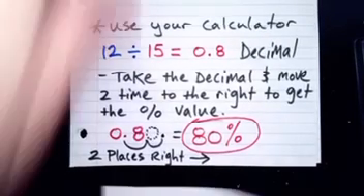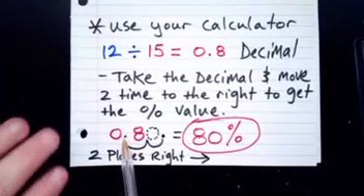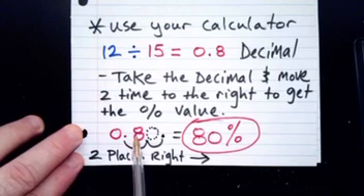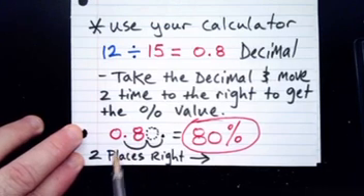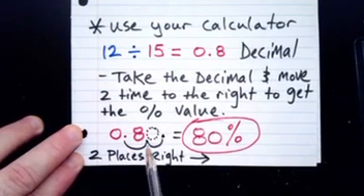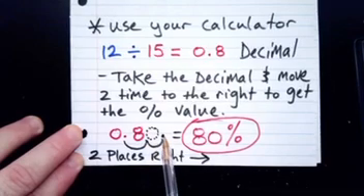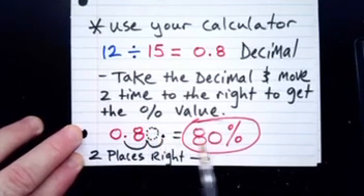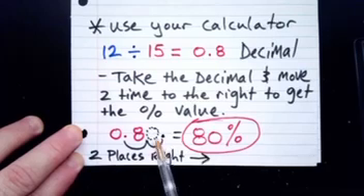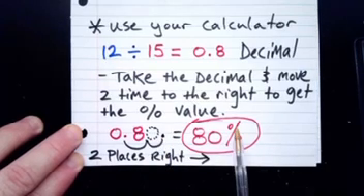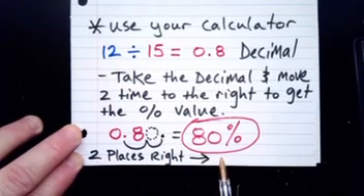Okay. So we have down here below, we have our decimal answer, 0.8. You take the decimal here, you're going to move it 2 places to the right. You're going to show that invisible 0. It's just a placeholder value. And now you can include your percent symbol.